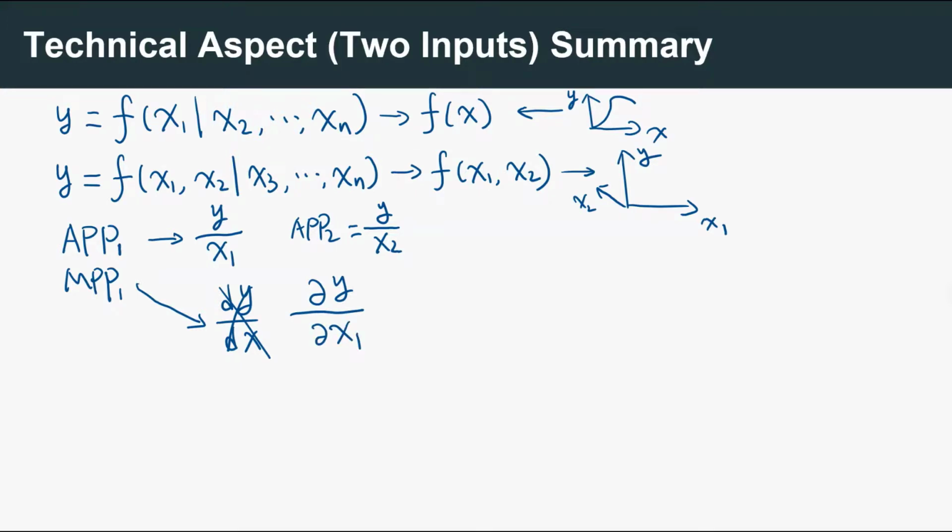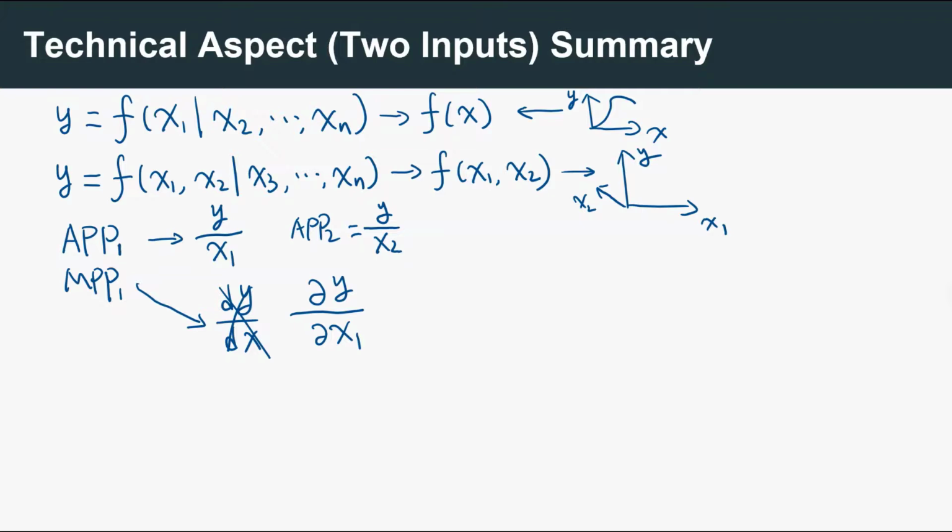So this is the rate of change of output due to the change in the input x1 while holding x2 constant. And we did explain that if we're holding x2 constant, then we can convert a 3D graph to a 2D graph, and once we hold x2 constant, our production function becomes a curve again. And those are the APP and MPP concepts.